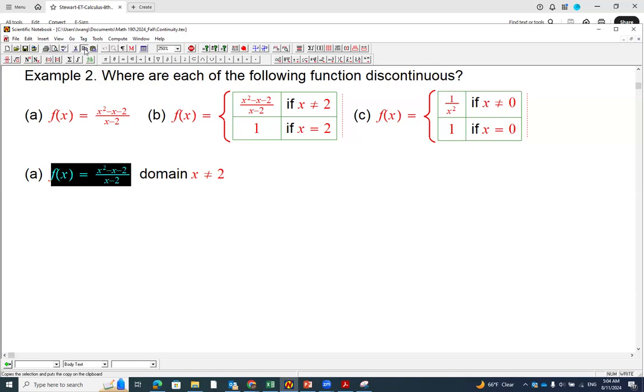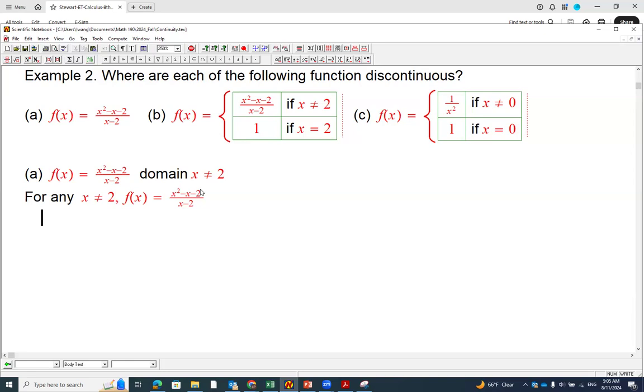So let's look at any x not equal to 2. At all of those points, f of x is defined, right?